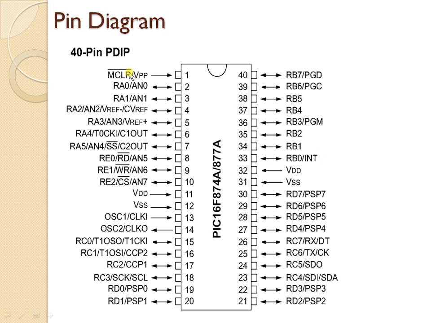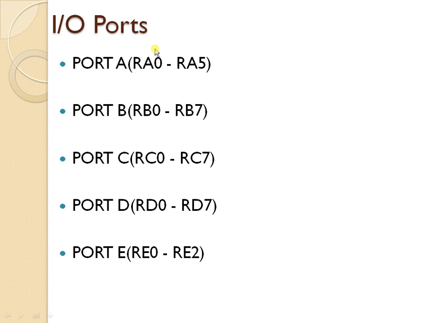VPP is the programming voltage, PGD is the data pin, PGC is the clock pin, and PGM is the mode pin, which indicates whether you are going to program the controller or not. As I told you, it has 5 ports: port A, port B, port C, port D, and port E.